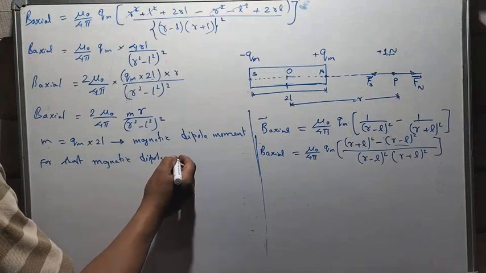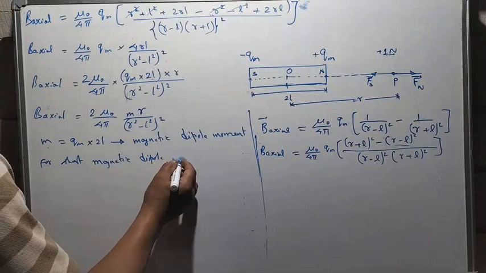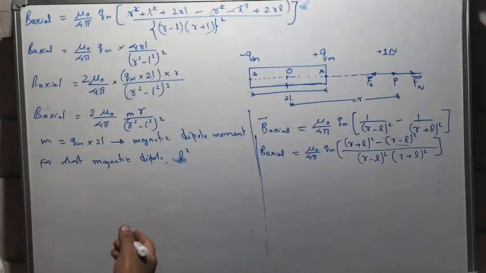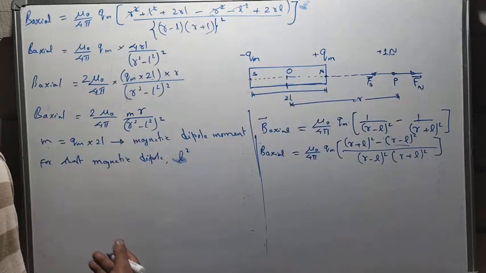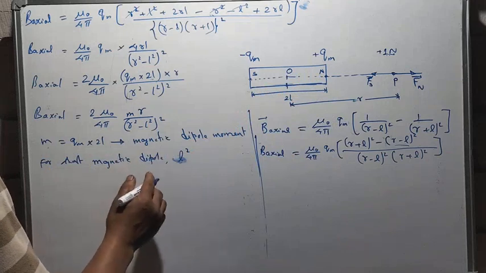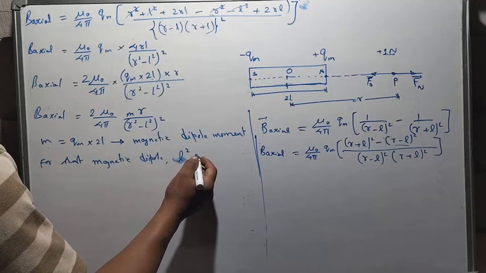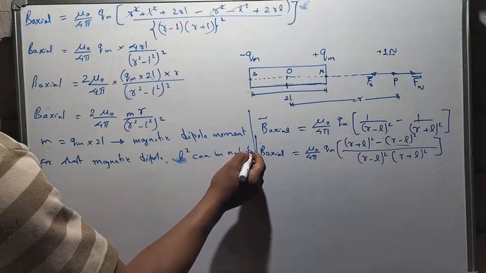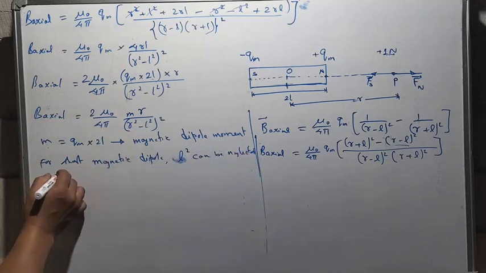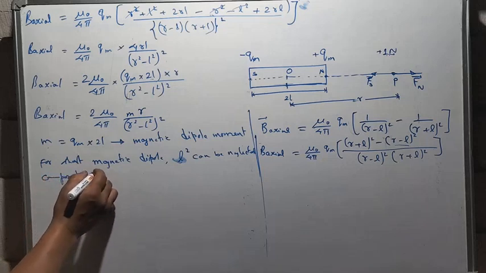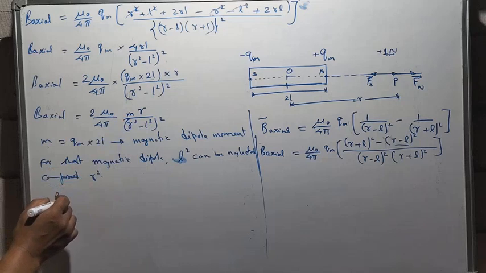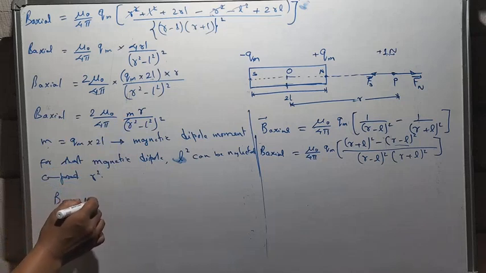So when you square the small quantity, it becomes much smaller. So this l square can be neglected compared to r square.